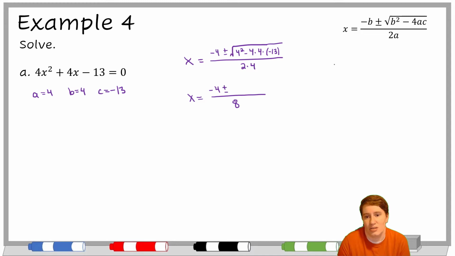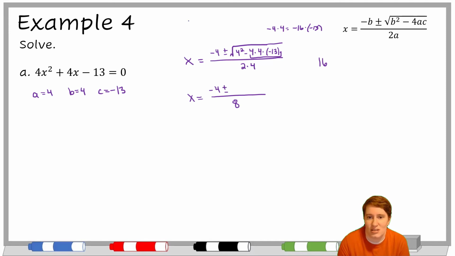But how about this square root? 4 squared is 16. Negative 4 times 4 is negative 16. But then we need to times that by negative 13. Notice I can't say, oh, well, 16 minus 16 is 0, because the negative 16 is attached to this negative 13. We have to do these together before we can add or subtract the two numbers. It will actually be adding because we have two negatives that make a positive.